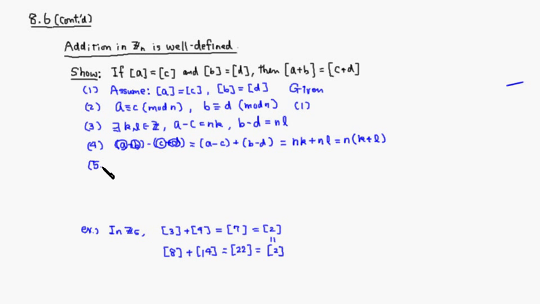Which means, step 5, that quantity A plus B is congruent to C plus D mod n. If the representatives are congruent, therefore, step 6, the equivalence classes are the same.